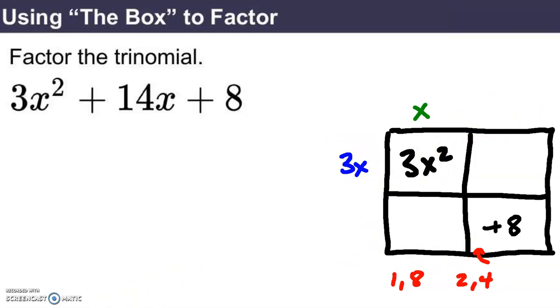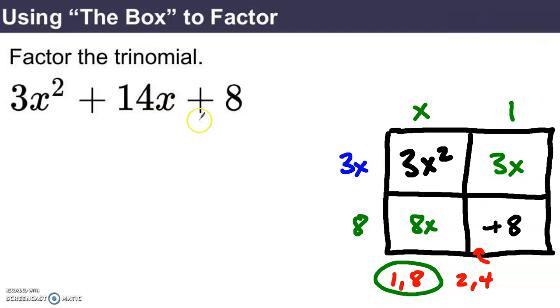Let me just model the idea that this truly is guess and check. Let me try using 1 and 8. Let me try putting the 1 here and the 8 here. Would that get me to 14x? 3x times 1 is 3x. 8 times x is 8x.